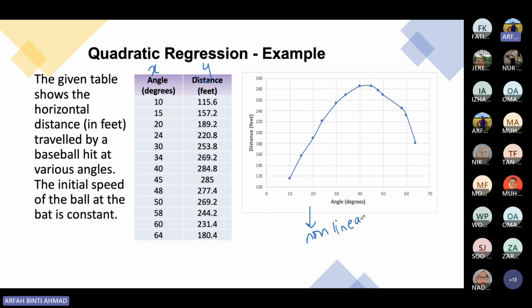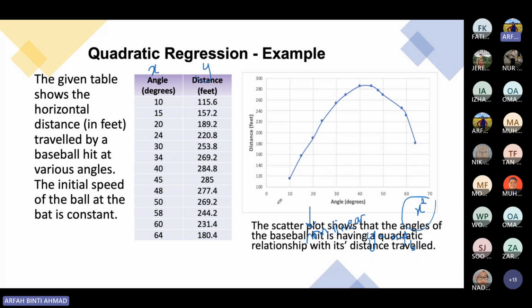So in this case, because the relationship is non-linear, we suspect that it will have an x squared term, the quadratic model term. So the model will be y equal to a plus b x plus c multiplied with x squared. Okay.